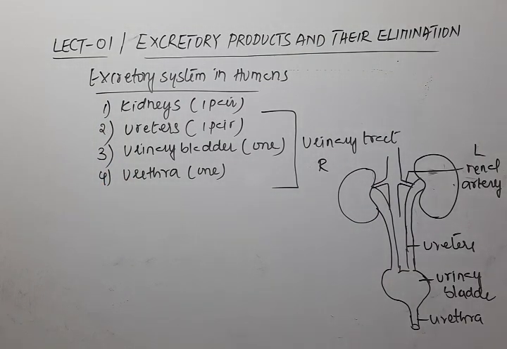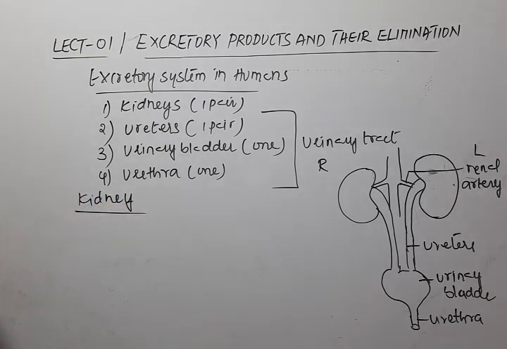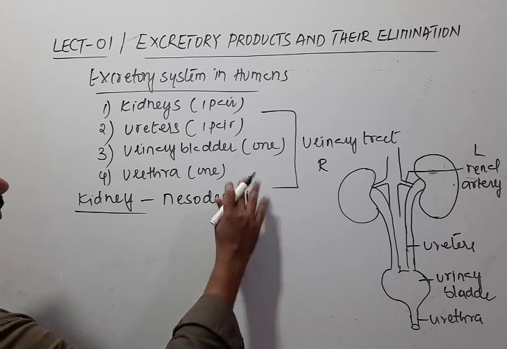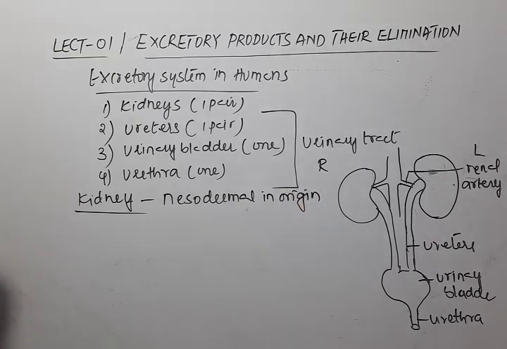Now we will see especially about the structure of the kidney. Kidneys are mesodermal in origin, means they develop from the mesoderm germ layer during development. And as I already told, the right side kidney is slightly inferior to the left side.